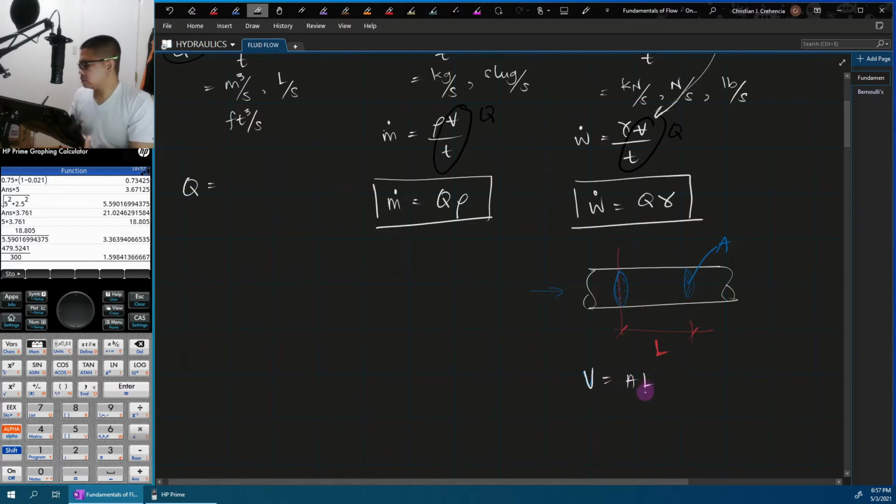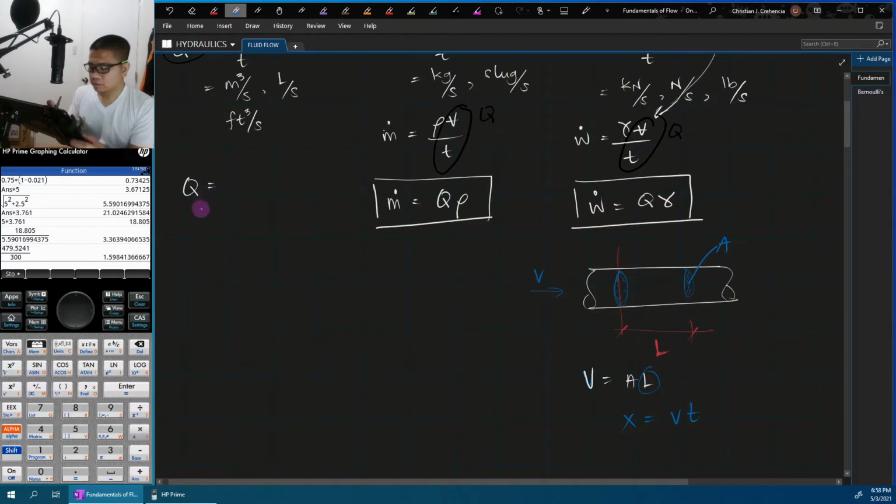But yung L, if we have velocity, since meron tayong flow, let's say meron tayong velocity V, okay? So kung meron tayong velocity, how do we solve for the distance? There's a given time, then distance L from dynamics. So yung distance x is equal to velocity times time. So in this case, ito yung x natin.